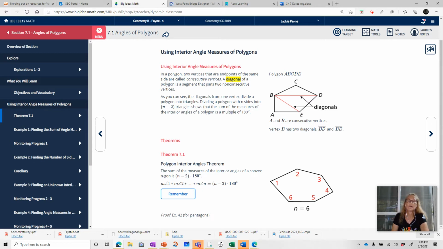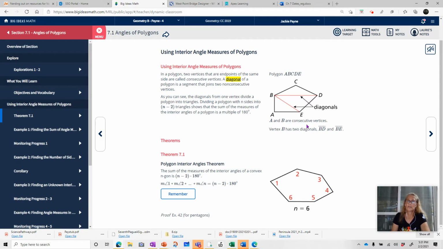So we've got one theorem. First of all, the Polygon Interior Angles Theorem. And here it is. The sum of the measures of the interior angles of a convex n-gon, okay, so we'll talk about what that means too in class, is n minus 2 quantity times 180 degrees.